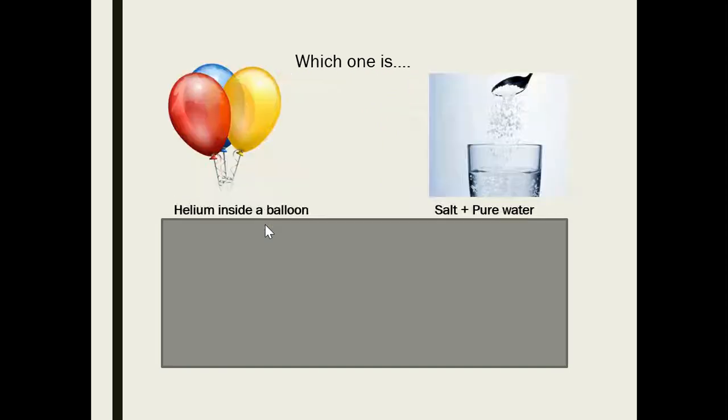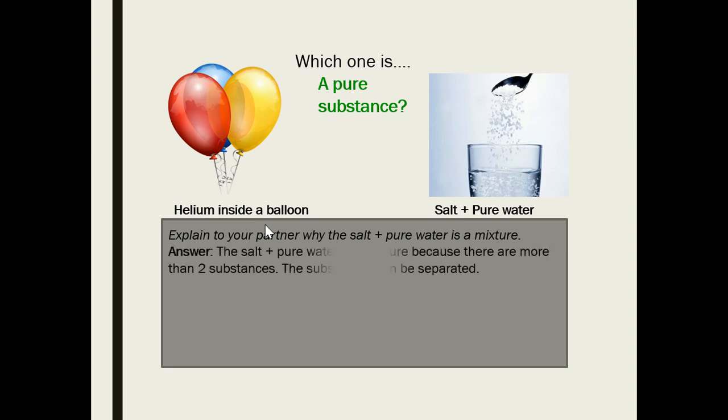Okay, let's look at this pair. Which one of these two is a pure substance? Is it helium that's inside the balloon, or is it salt water? Well, since salt water is you're adding salt to water, that would be a mixture. That means the helium is going to be a pure substance.